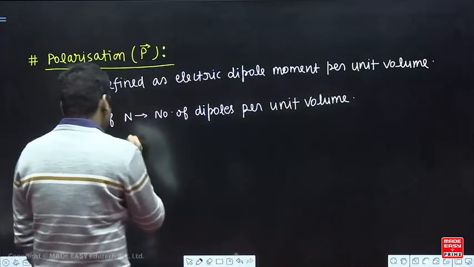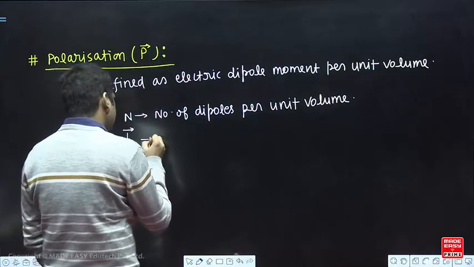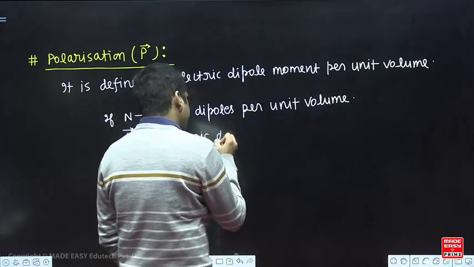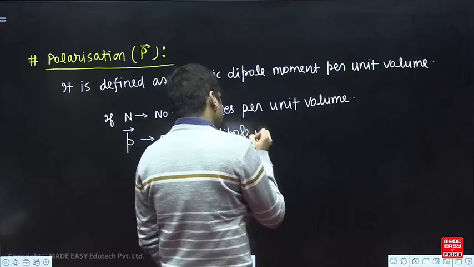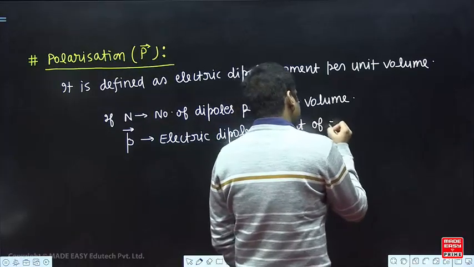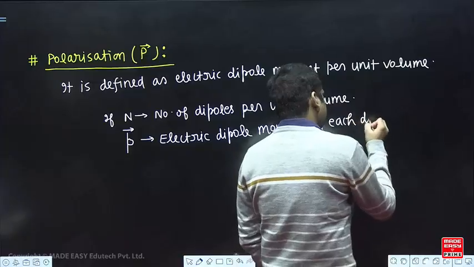And small p is the electric dipole moment of each dipole.